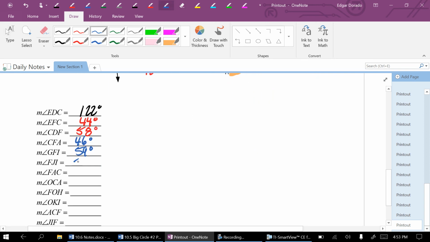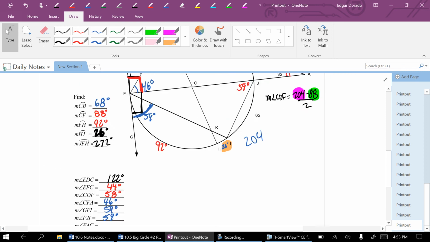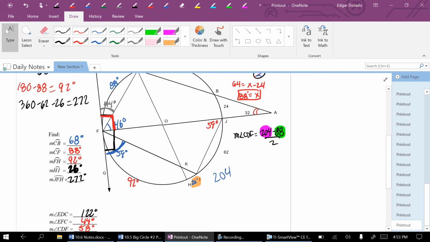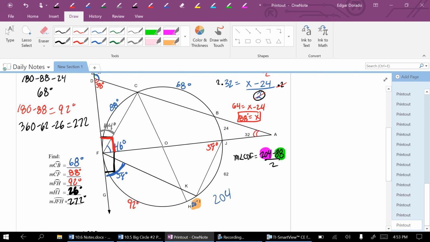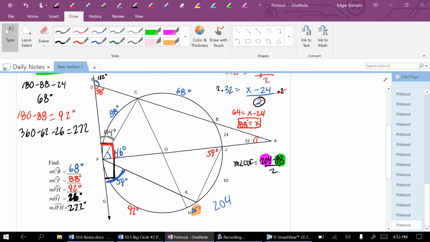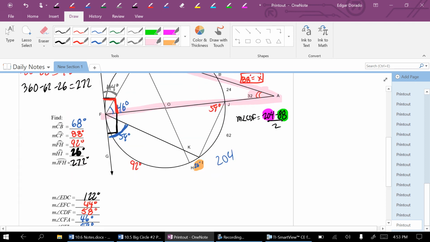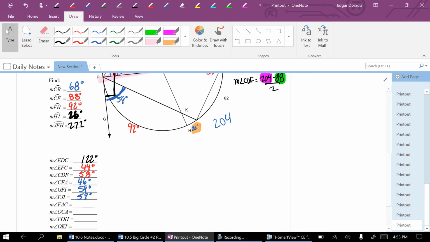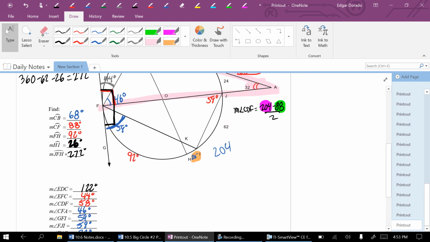So FJI is also 59 degrees. Let's see, what was next? FAC. Actually, FAC we were given. That's 32 degrees. We already had that, so we got lucky there again. So 32 degrees. Let's go ahead and do the next one.